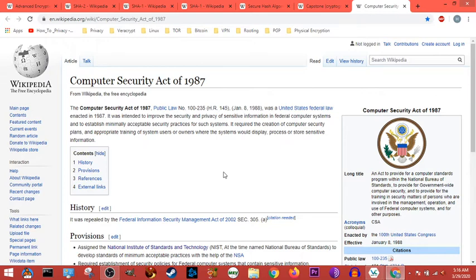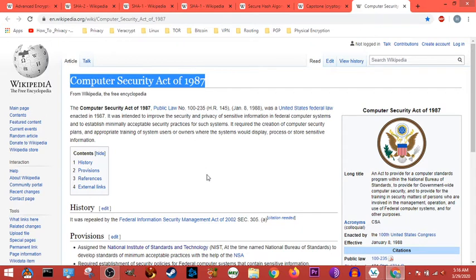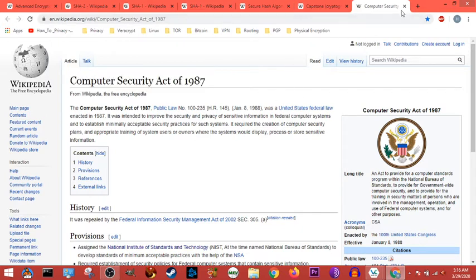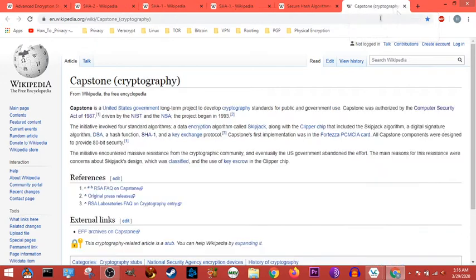So in comes the Computer Security Act of 1987. It was largely for federal buildings, federal property, federal computers, and everything that had to do with the federal government. One of the things this act enacted was something called Capstone.